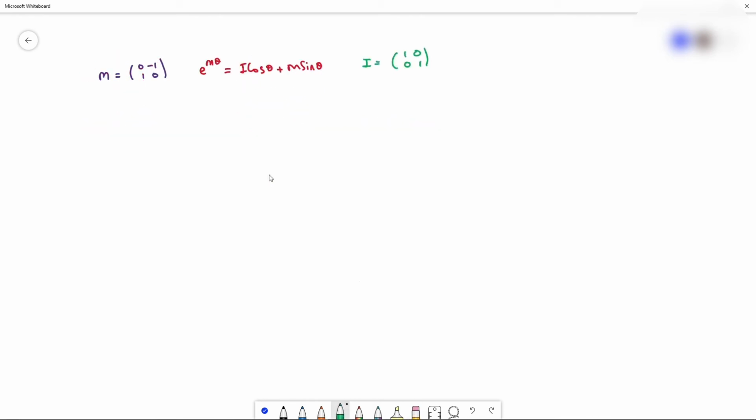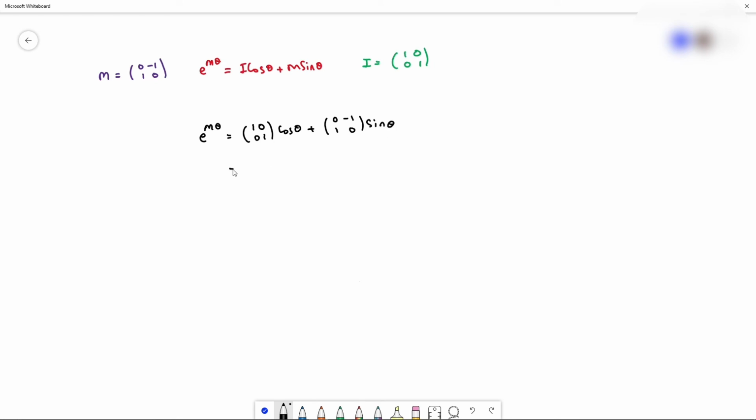Okay, so far we figured out that e to the m theta is equal to this expression here, where m is this matrix here and I is the identity matrix here, and theta is just some arbitrary number. Okay, so let's substitute in m and I. So e to the m theta equals 1 0 0 1 times cosine theta plus 0 minus 1 1 0 times sine theta.